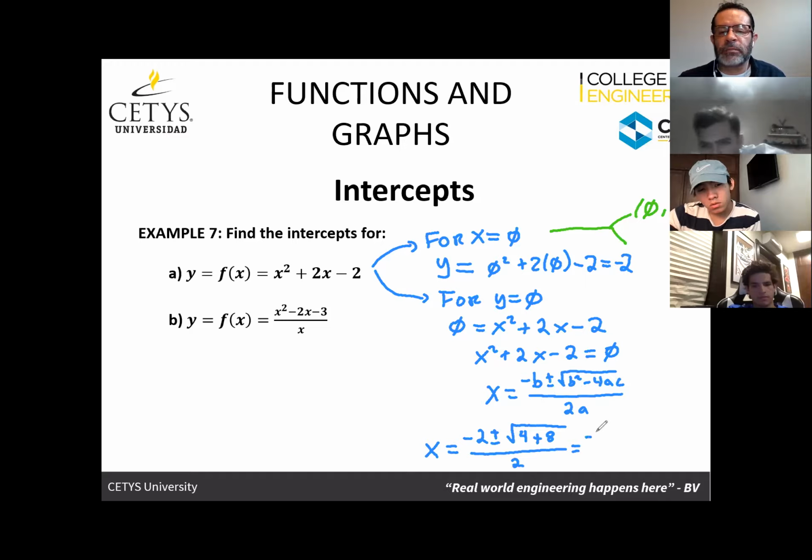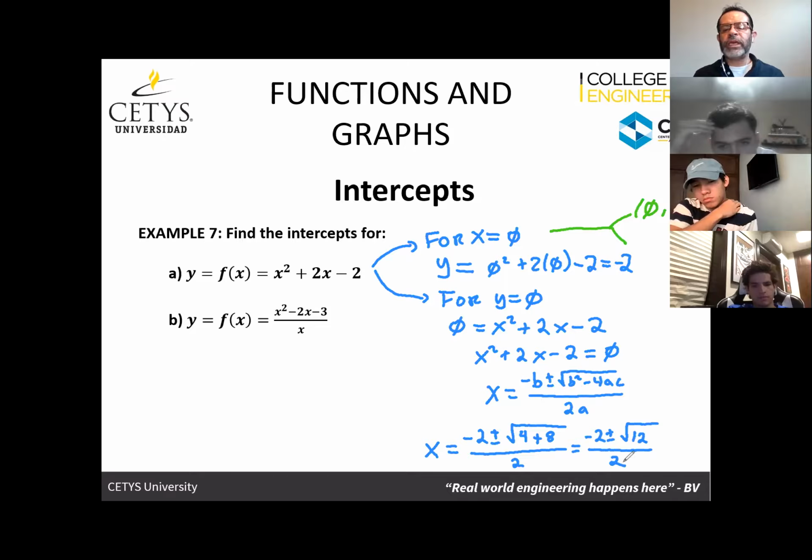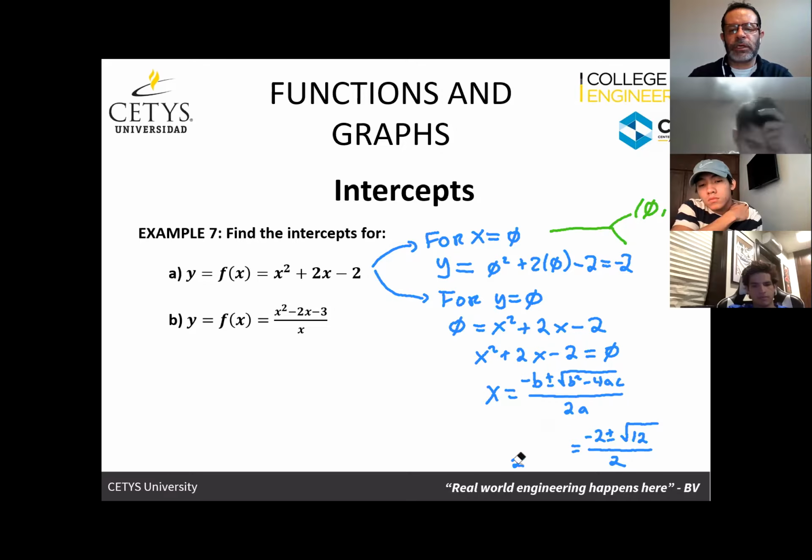This is going to be equal to minus 2 plus minus the square root of 4 plus 8, which is 12, divided by 2. We can, let me draw this a little bit more to the side.